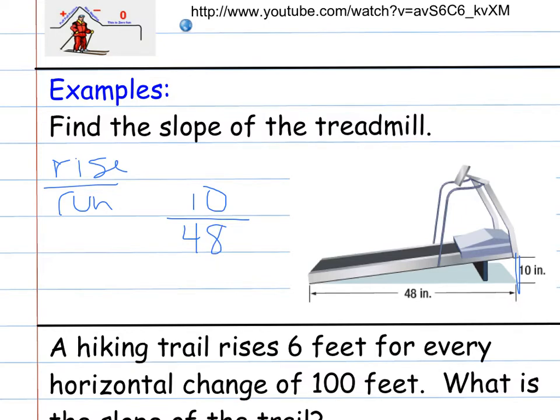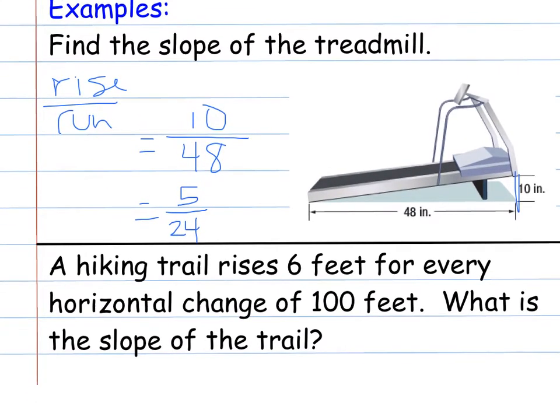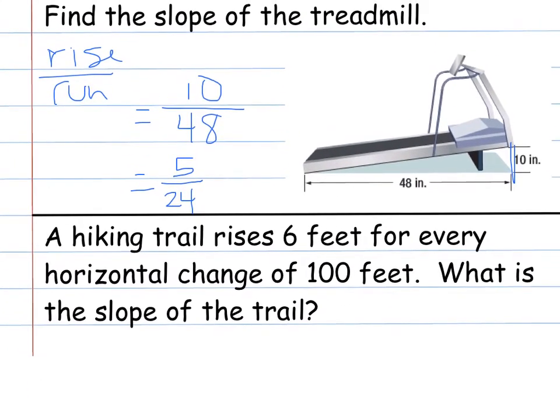What you would do then is simplify that. And 2 goes in there, so that's going to be 5. 2 goes in there 24 times. So you can write it as a slope of 5 over 24. So 5 over 24 is the slope of the treadmill.